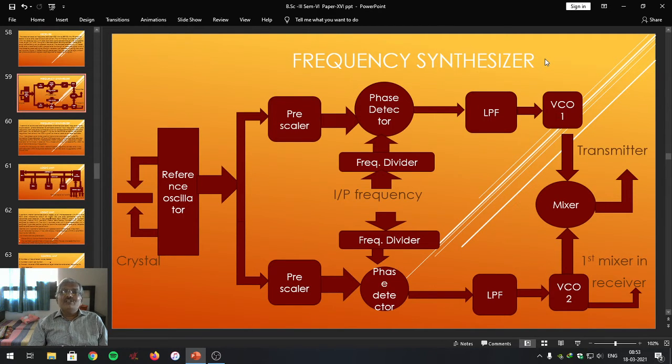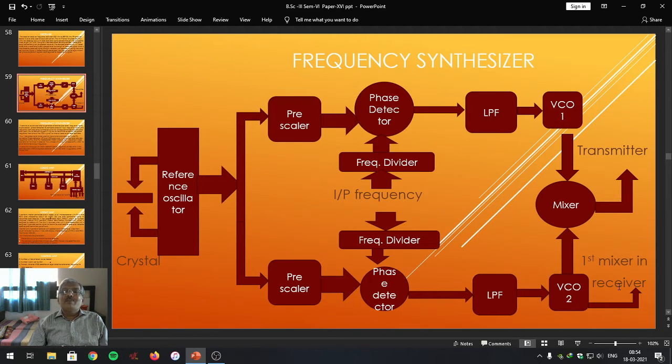If you observe the general block diagram of the cellular phone, the frequency synthesizer unit is connected to the transmitter as well as the receiver. So this is the block diagrammatic representation of the frequency synthesizer unit. Here the unit is connected to the transmitter, whereas from here it is connected to the receiver.